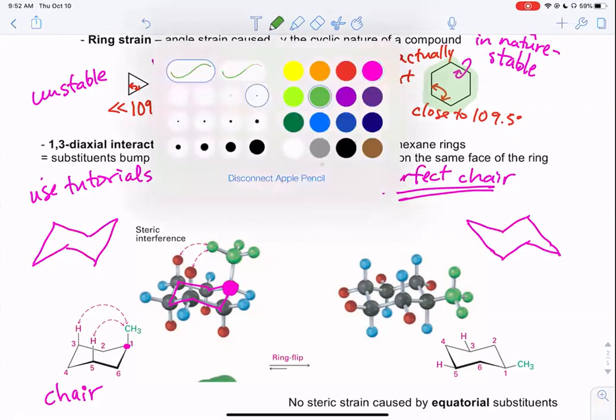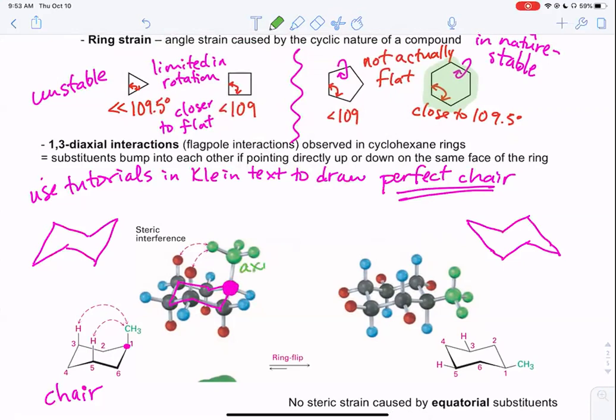We call this an axial substituent. So this is pointing up and along the axis of that carbon. So each carbon is going to have an axial group that is pointing straight up or down. In this case, it's pointing straight up, right? That's represented over here. This is our axial and up one that we draw in our chair conformation.